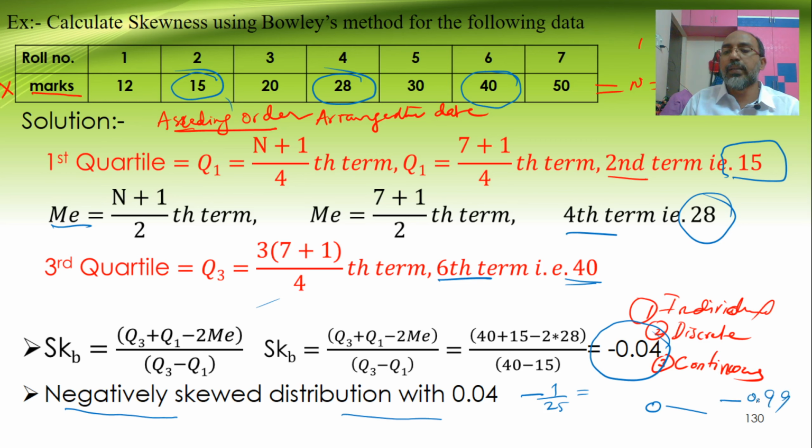Here it is minus 0.04, which is very, very small, near to 0. So it is a negatively skewed distribution with skewness value minus 0.04.